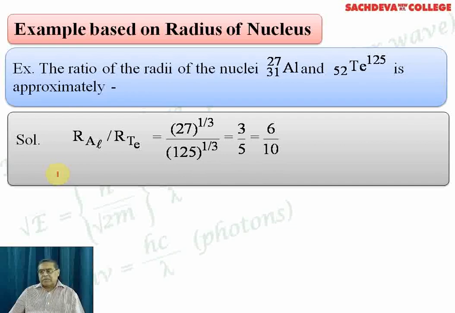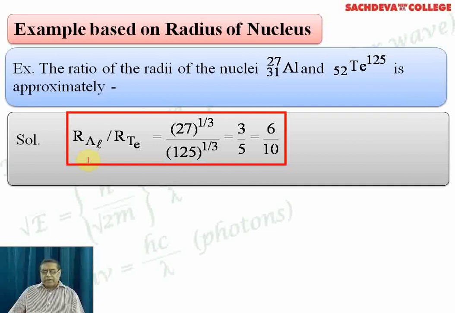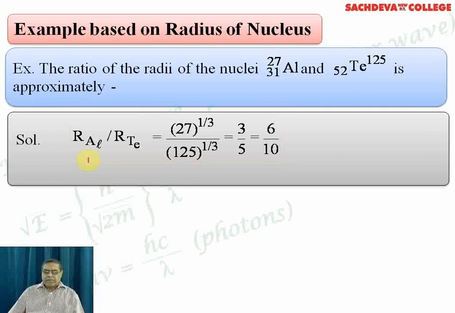So the aluminium mass number is 27, and for tellurium it is 125. We know that 27 is a cube of 3 and 125 is a cube of 5. So we find that the radius of the aluminium nucleus to the radius of the tellurium nucleus is 27 to the power 1 by 3 over 125 to the power 1 by 3, and this comes to be 3 over 5.